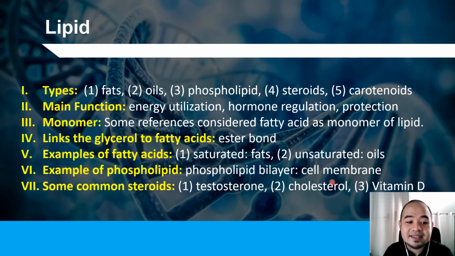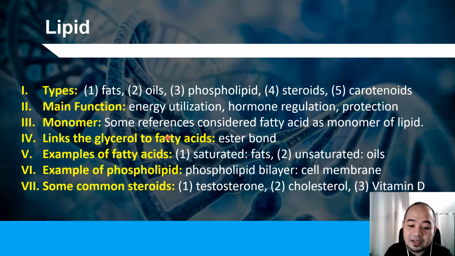To summarize, we have the types of lipids, we have the fats, oil, phospholipids, steroids, and the connection between steroids and carotenoids. So the main function, energy utilization pa rin. Okay, hormone regulation, protection. So monomer, we have some references consider it fatty acids, but then again, this is not uniform for all types of lipids.